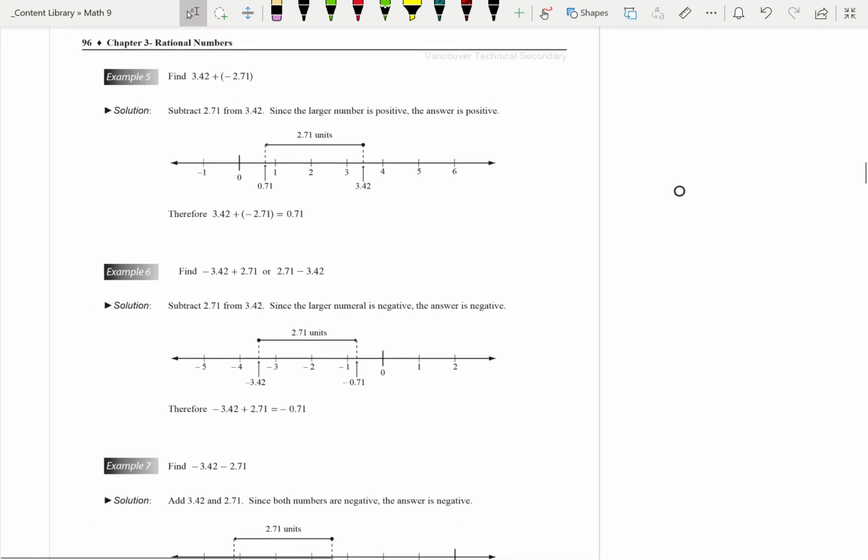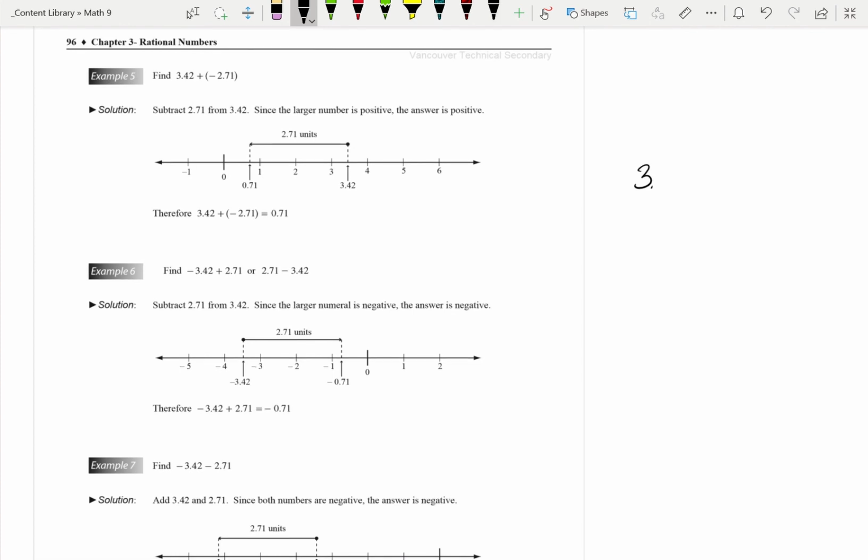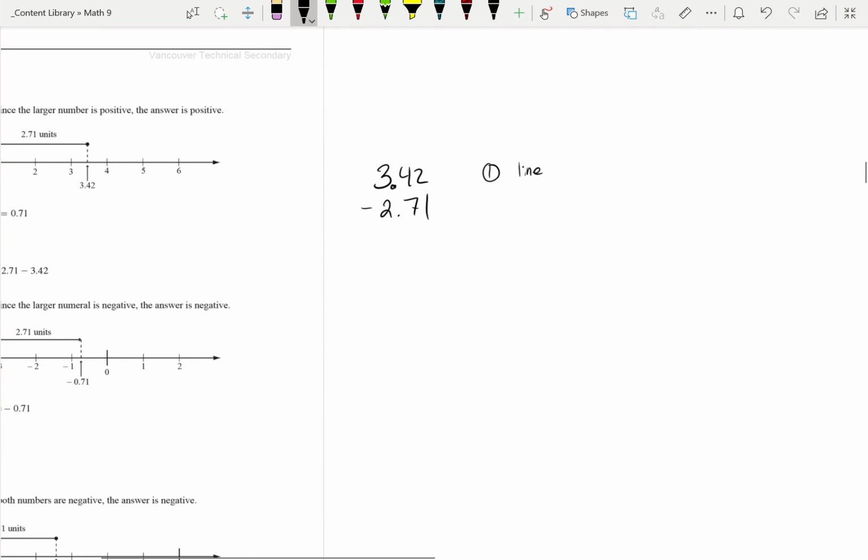So one of the things to keep in mind is if you have something like 3.42 minus 2.71, the main things are, number one, line up your decimal point.